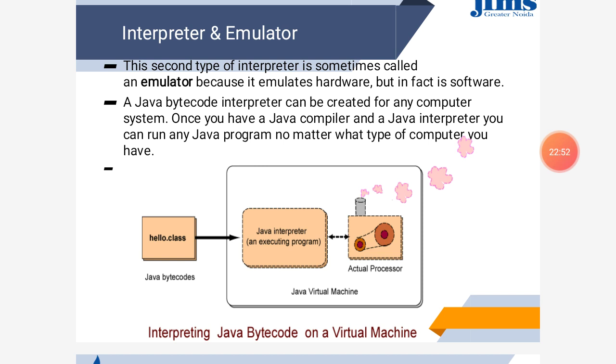So how is this happening? Your Java code is transformed into bytecode, and bytecode is represented with the extension .class. So a hello.class file is there. Now we transfer that file to the emulator.